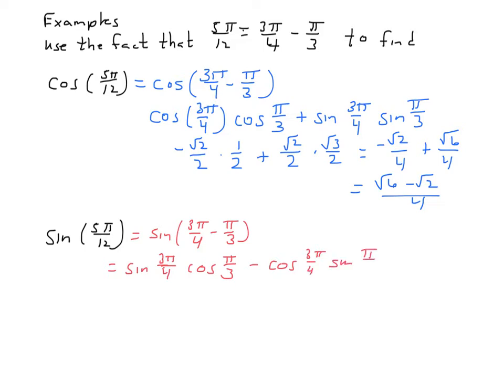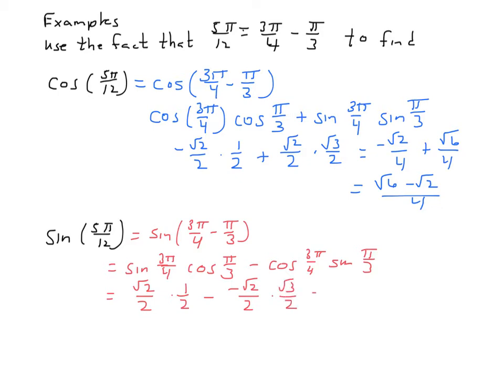And so in this case, I know sine of 3 pi over 4 is square root 2 over 2. Cosine of pi over 3 is times 1/2, minus the cosine of 3 pi over 4, which is negative square root 2 over 2, and the sine of pi over 3 is times the square root of 3 over 2.